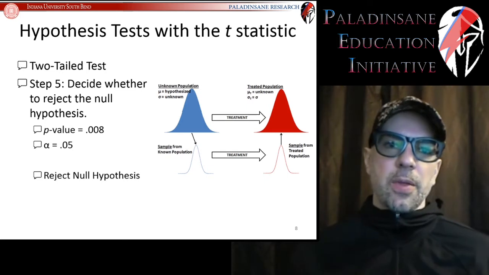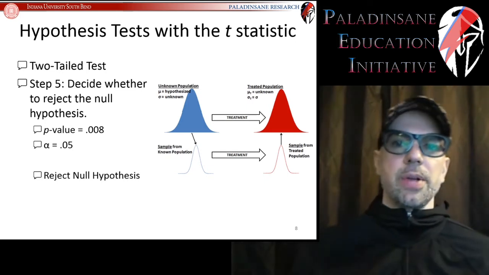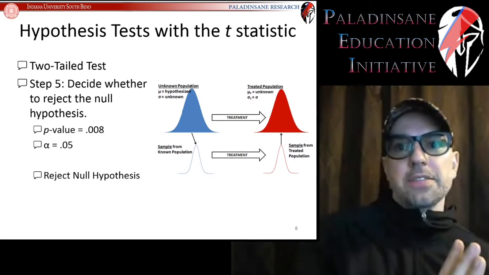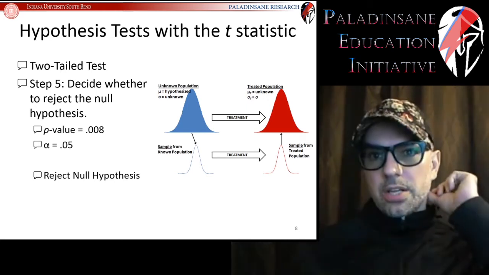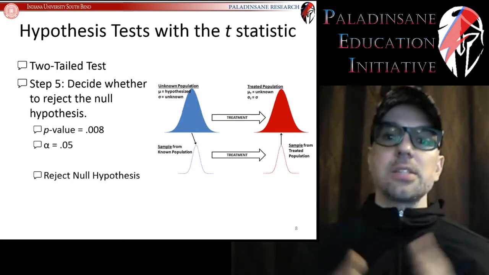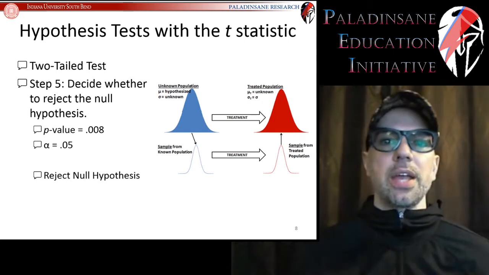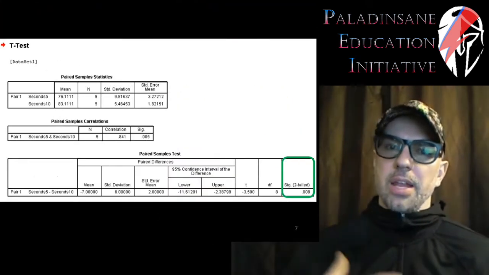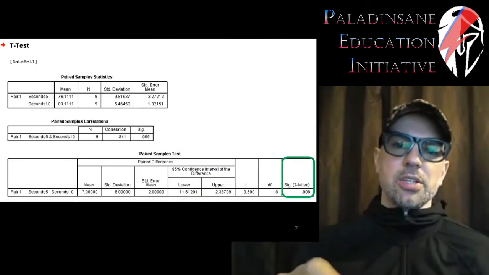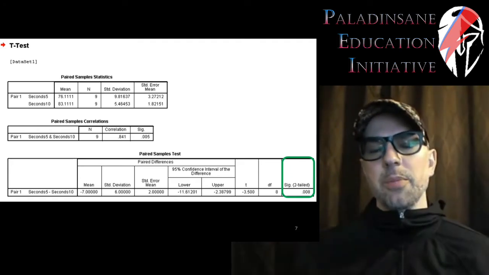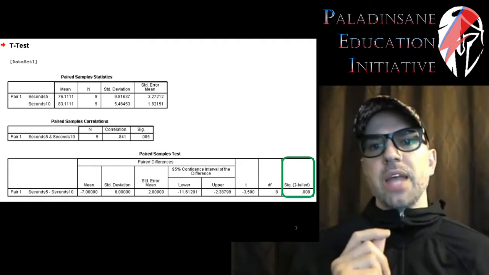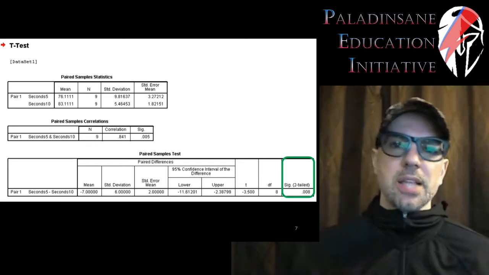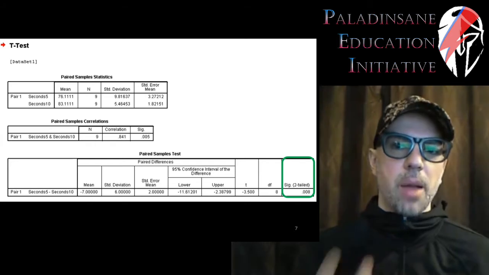Now, this was the correct thing to do because we were doing a two-tailed test, right? This was the test between the 5-second timeout condition and the 10-second timeout condition, and we were just looking, is there a difference? We were not doing a directional one-tailed test. And this was the correct way to do it, because as you'll notice, SPSS has labeled that significance value, that p-value for our statistical test in this table, as a two-tailed probability.